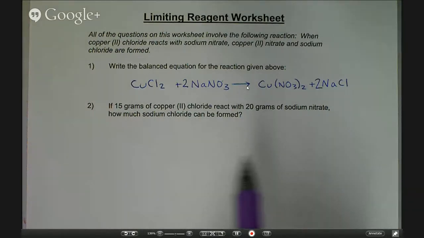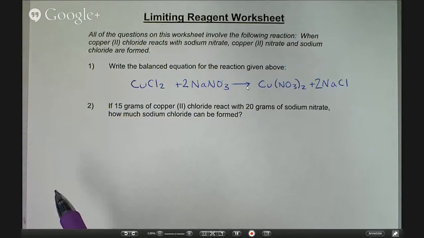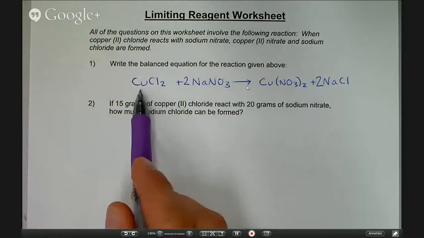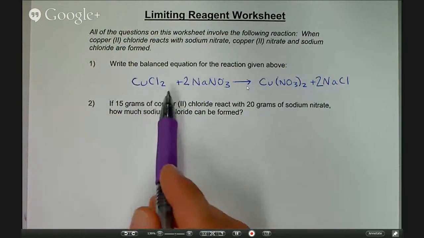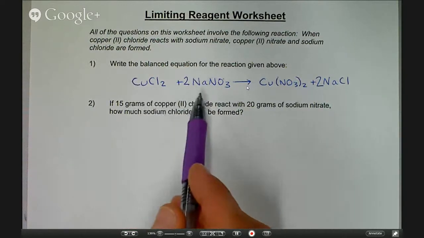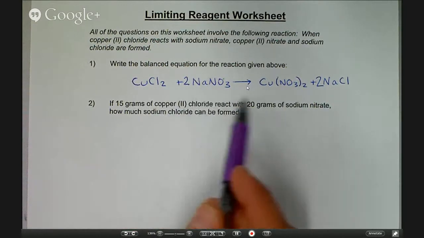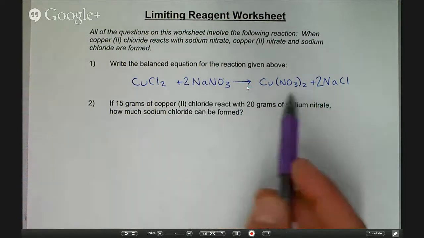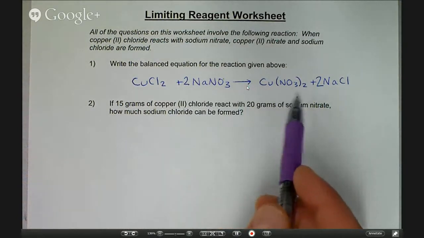I started off saying that all the questions involve this reaction, and they told you in words, so I went ahead and put it on paper for you and balanced it. We have copper(II) chloride plus sodium nitrate yields copper(II) nitrate and sodium chloride.